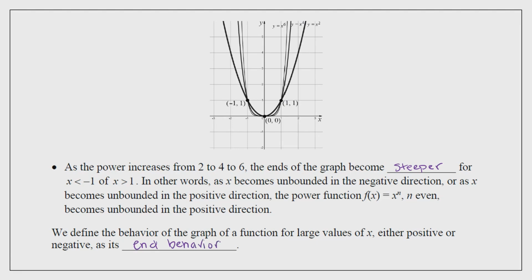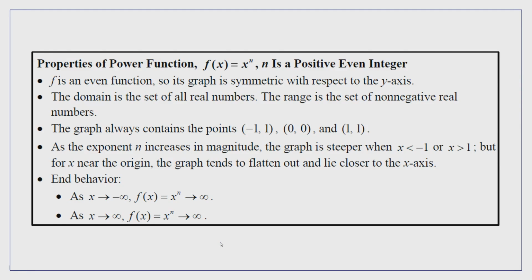So in summary, the properties of a power function where n is a positive even integer: f is an even function, so its graph is symmetric with respect to the y-axis. The domain is the set of all real numbers, and the range is the set of non-negative real numbers, so all the positive y values. The graph will always contain the three points (-1, 1), (0, 0), and (1, 1).